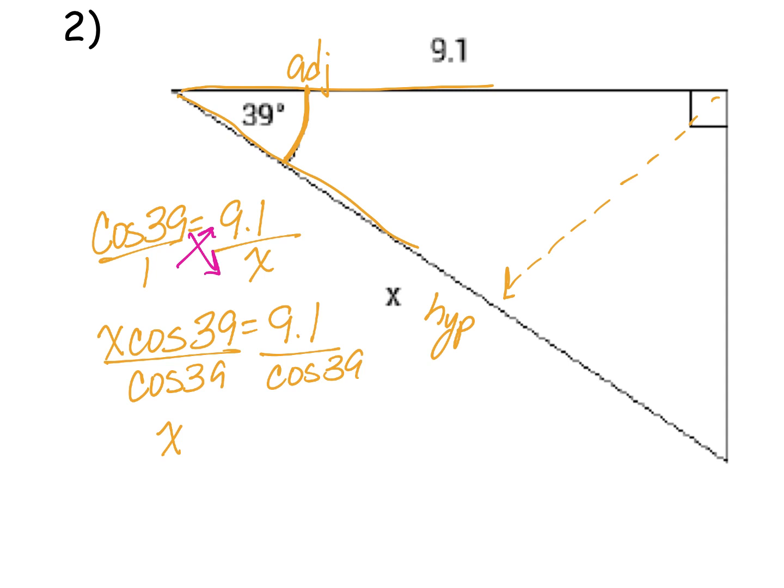So x is approximately going to be equal to 9.1 divided by cosine of 39. 11.7. Wait, what?